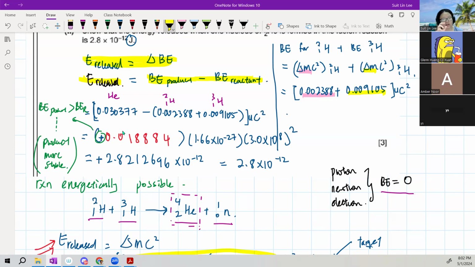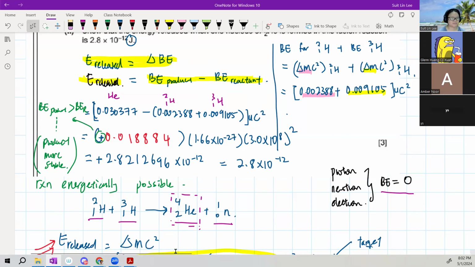So this is not a familiar way to use your delta M c squared. Because previously, whenever you use delta M c squared, you write a balanced equation, and then you look at the mass of the reactant minus the mass of the product. But that can be substituted with the binding energy of the product minus the binding energy of the reactant.